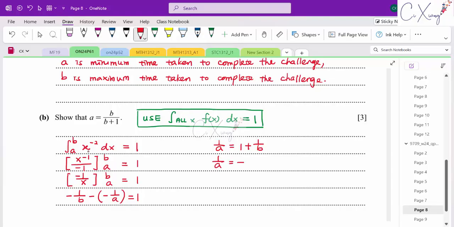I want to change the right hand side into a fraction. So 1 can be written as b over b, so you have b plus 1 over b. Then a equals b over b plus 1. And again, you can see that this is how we get the answer that they want us to prove.